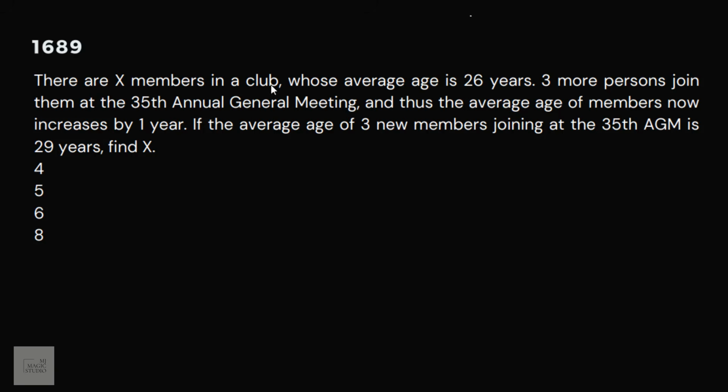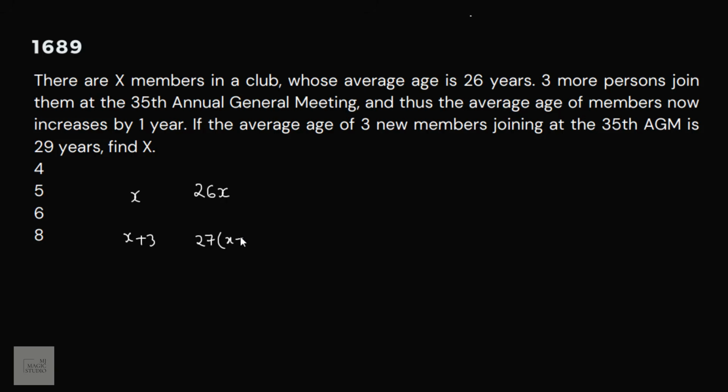There are x members in a club whose average age is 26 years, so total age is 26x. Three more persons join them, so now we have x plus 3 members, and the average age increases by 1 year, that means it becomes 27.